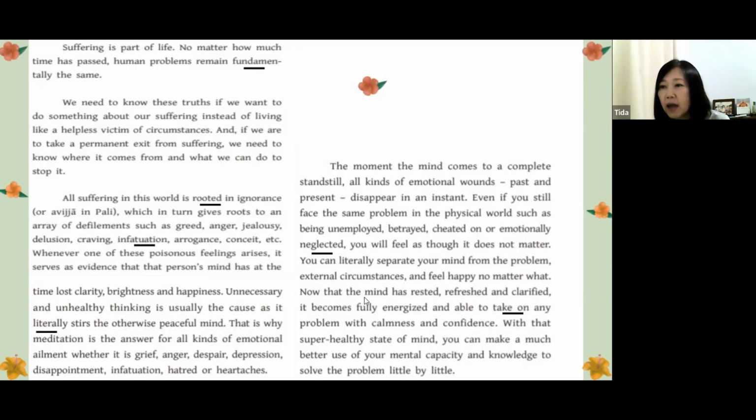Now that the mind has rested, refreshed, and clarified, it becomes fully energized and able to take on any problem with calmness and confidence. With that super healthy state of mind, you can make much better use of your mental capacity and knowledge to solve the problem little by little.